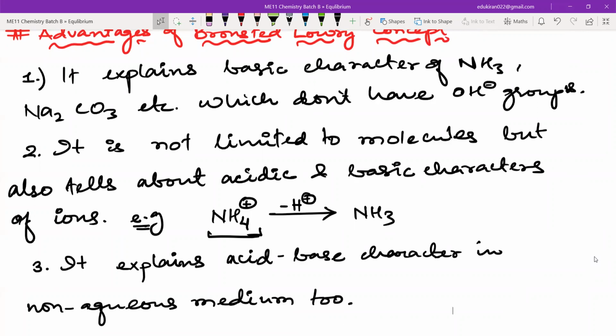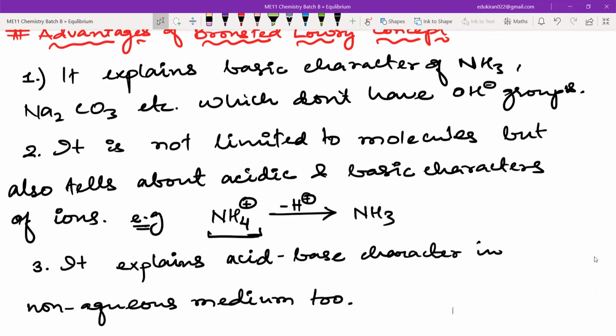Now tell me, can I add H plus? Yes or no? Not sure. Can you make the structure of HCO3 negative? The Lewis dot structure?